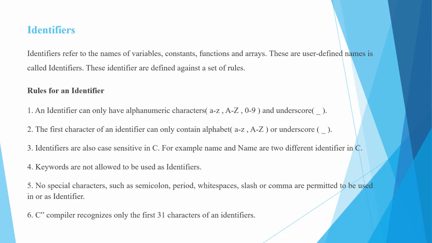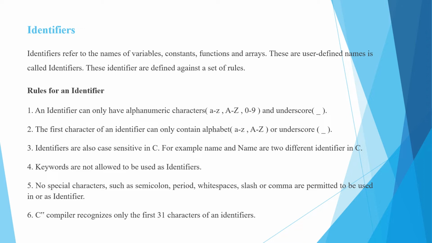The first token is the identifier. What is an identifier? Identifiers refer to the names of variables, constants, functions, and also arrays. These are user-defined names, called identifiers.